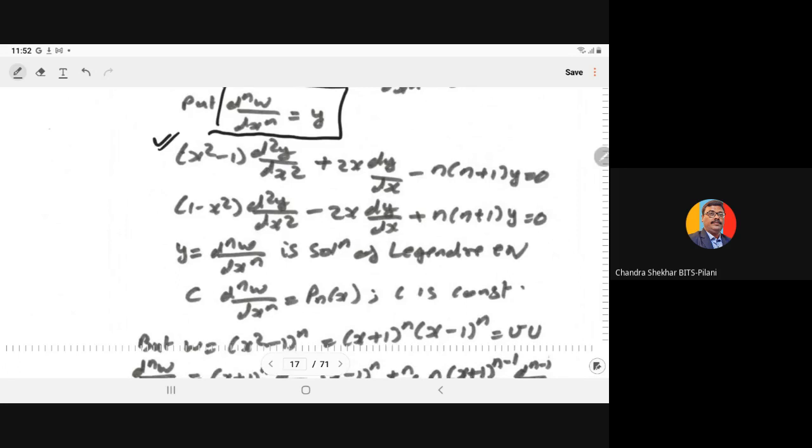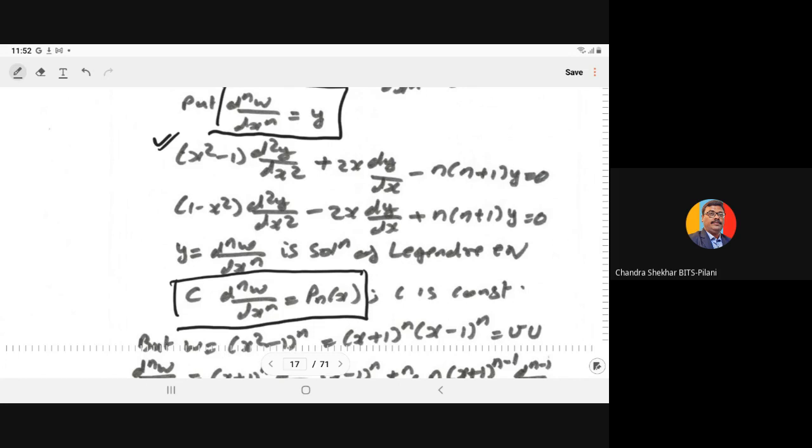So here we can see that C times nth derivative of w is equal to Pn(x). You have computed for the general equation, and you know that for the Legendre equation we have the solution Pn(x), and a constant multiple of the solution is a solution.